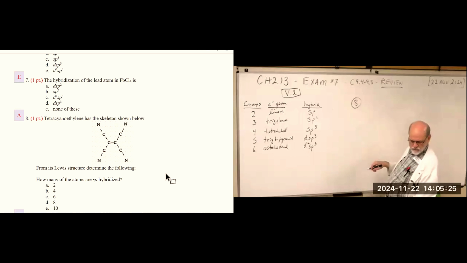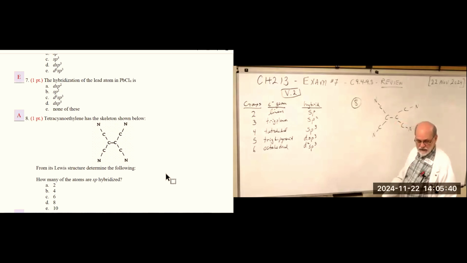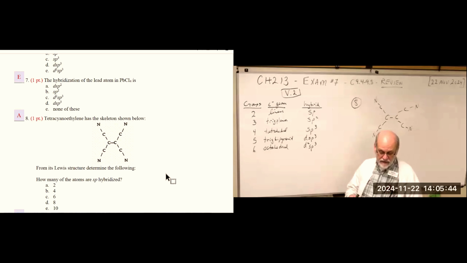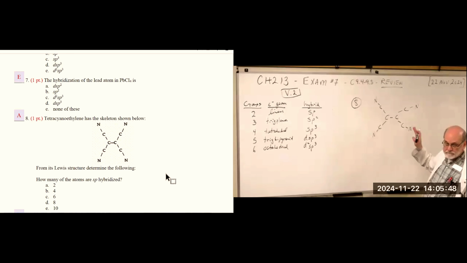We have 1, 2, 3, 4, 5, 6 carbons. Carbon, carbon, carbon, carbon, and then a nitrogen, nitrogen, nitrogen, nitrogen. Tetracyanoethylene has this skeleton, and we have to assume there are no hydrogens in there.